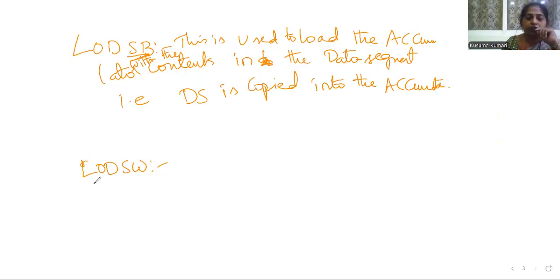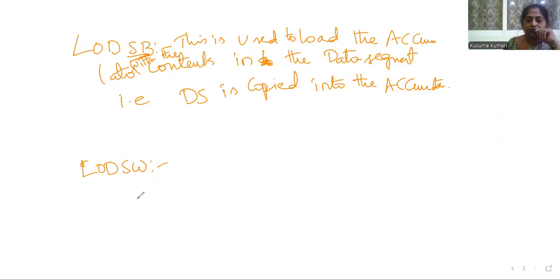Similarly, load string word. Load string word means this is used to load the accumulator with the contents in the data segment. That is, the data segment content is copied into the accumulator, but here it is not only AL or AH, this is AX.